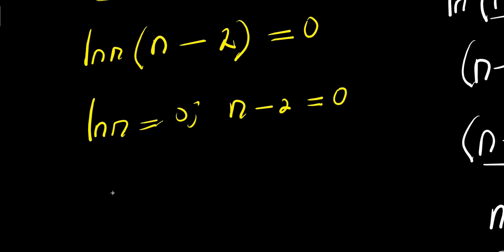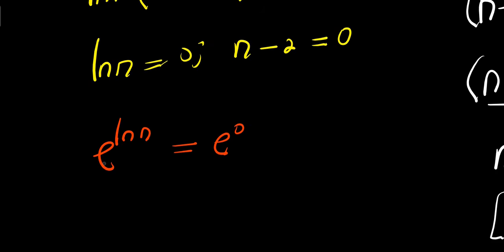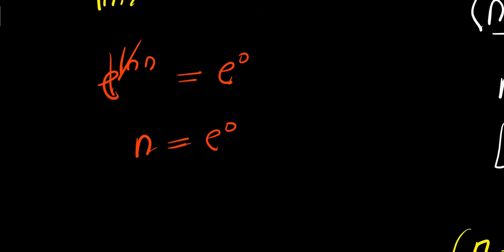So right now, if natural log n equals 0, that means I can have e power natural log n equals e power 0, meaning that this eliminates this. I have n equals e power 0, and e to the power of 0 is 1. So I have n equals 1.